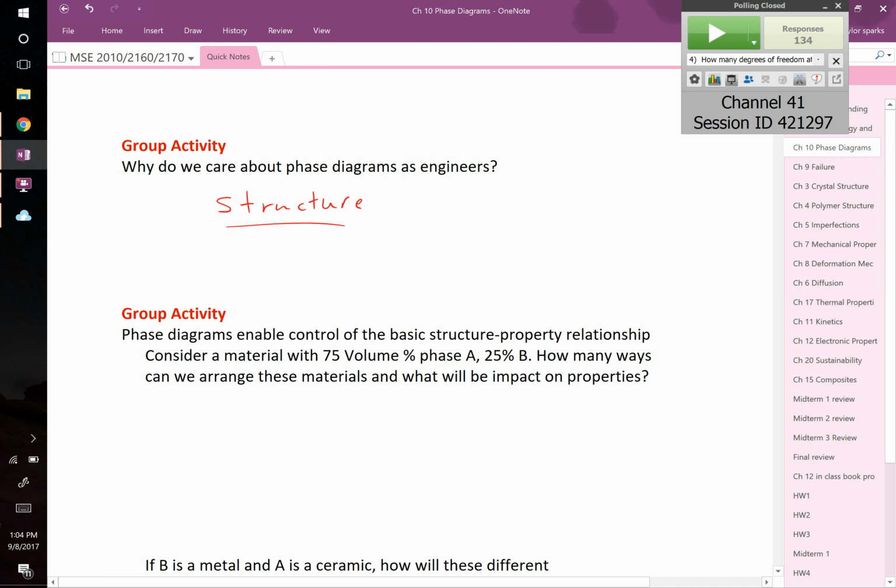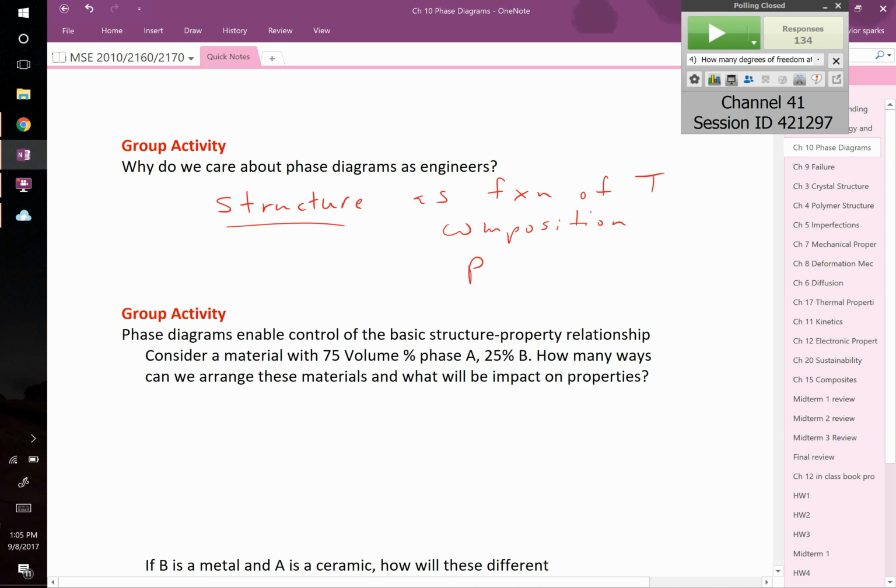You said as you heat it up. So as a function of temperature for one thing. Anything else? Concentration. So let's call that composition. We'll come back to that in a moment. Anything else? There's one more big one.